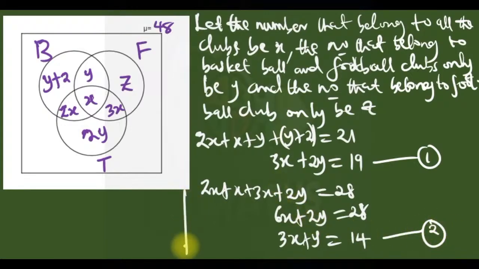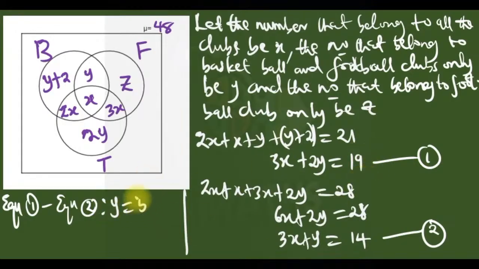Solving this, if you do equation 1 minus equation 2, 3x minus 3x is gone, 2y minus y is y, and 19 minus 14 is 5. So we've gotten the value of y. Let's get the value of x.